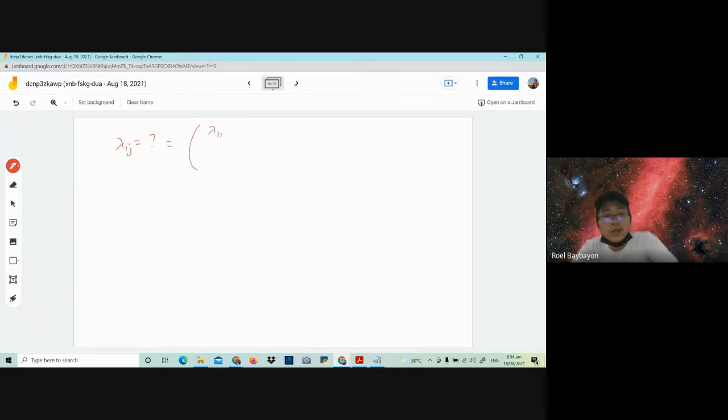Lambda 1 1, lambda 1 2, lambda 1 3, lambda 2 1, sorry, this is 2 1. Lambda 2 2, lambda 2 3, lambda 3 1, 3 2, and 3 3. What is lambda 1 1?